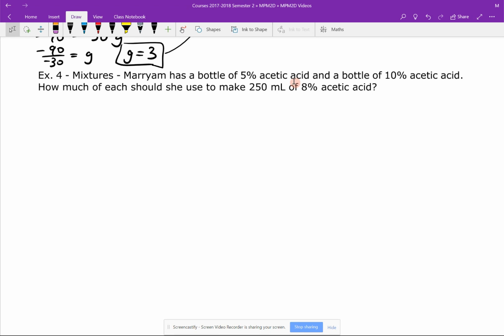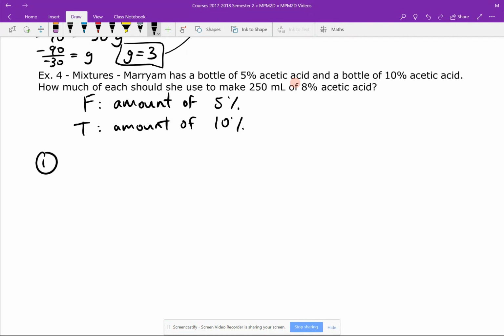Let's say F is the amount of the 5%, and T is the amount of the 10% bottle. For the first equation, I need 250 milliliters, so some amount of 5% plus some amount of 10% gives me 250 milliliters.